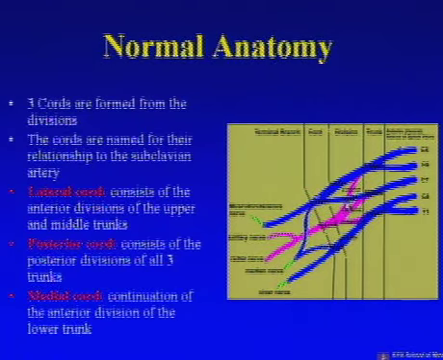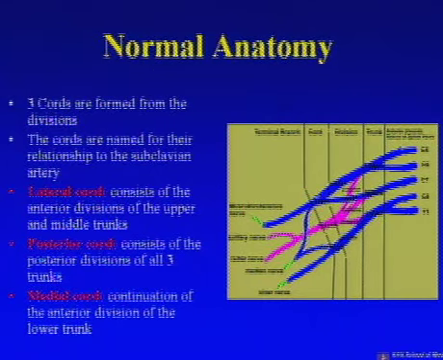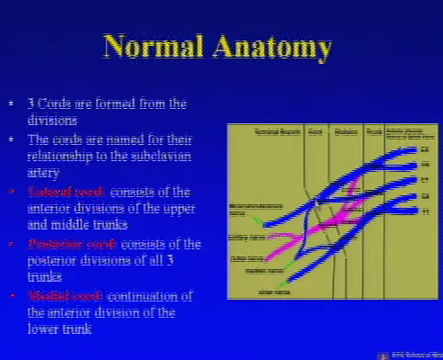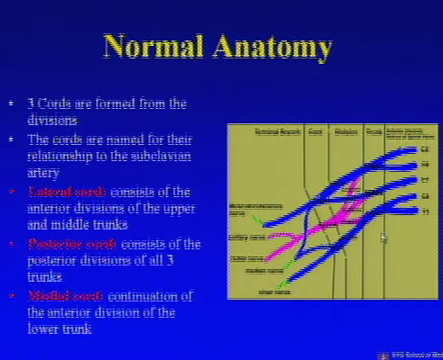The three cords are then formed from the divisions. The cords are named for their relationship to the subclavian artery. So we have a lateral cord, which consists of the anterior divisions of the upper and middle trunks, the posterior cord, which consists of the posterior divisions of all three trunks, and hence this has all the components of the brachial plexus.